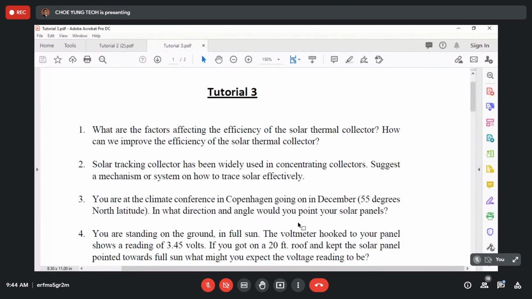That's why different spectrums have different functions. So if you have different spectrums falling on the panel, then you should get different efficiency. Because when you measure the input, you measure the total spectrum. You are not measuring a specific spectrum only. Okay, they definitely will affect the efficiency, but it's not something we can improve. We cannot control the spectrum of light. Okay, I think that's enough for this.